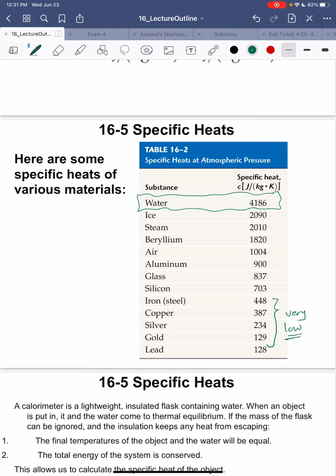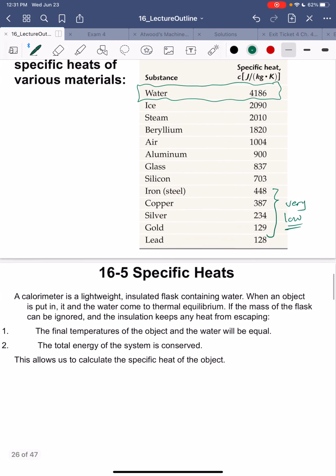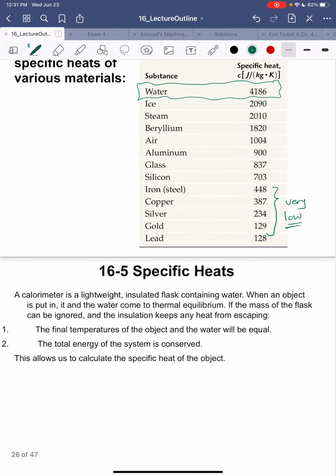This is the reason why metals need a very short time to reach a high temperature, and they will lose the heat fast. In winter, for example, you will find that the knobs of doors, which are made of metal, are colder than the environment.